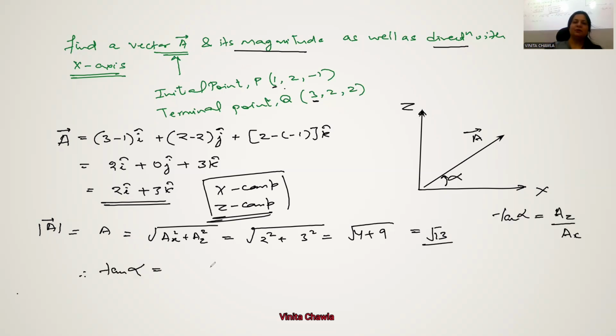Tan alpha is equal to Az, which is 3, and Ax is 2. So this implies alpha is equal to tan inverse of 3/2.